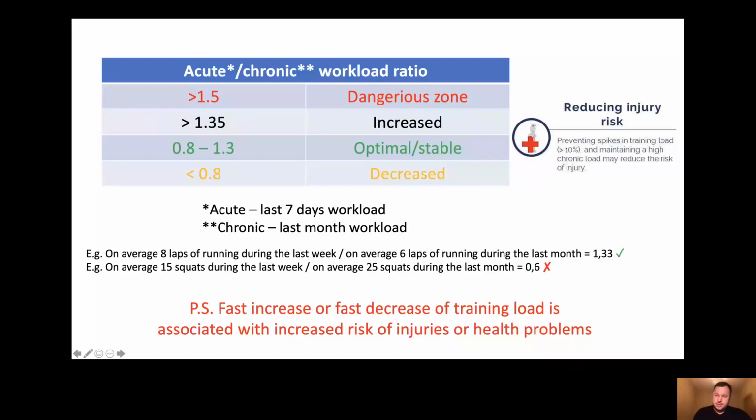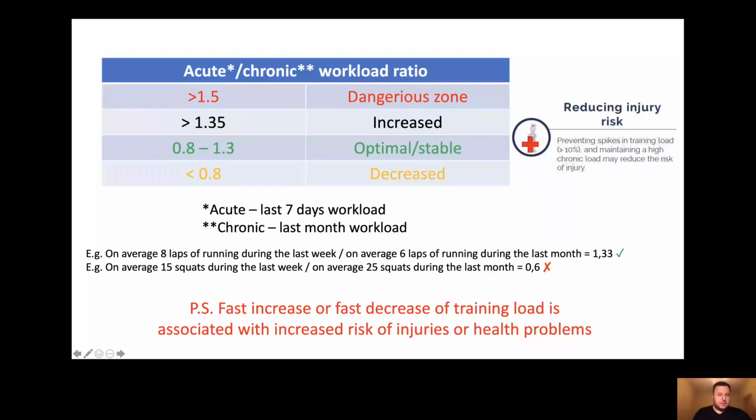Just a few examples to see how simple this is. On average, for example, your players are running 8 laps every day in the last week for the warm-up, but on average 6 laps during the last month. That means that usually during the last months you asked them to run 6 laps, but the last week you increased it to 8.